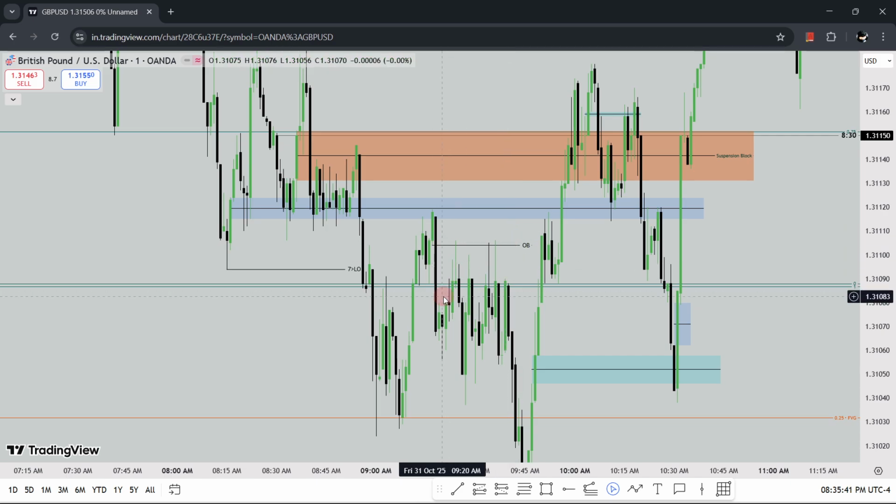I was just waiting for the price to fill this fair value gap, go above that, come a little bit to the fair value breaker here. Then I will pyramid my entry, making my stop loss somewhere around here.